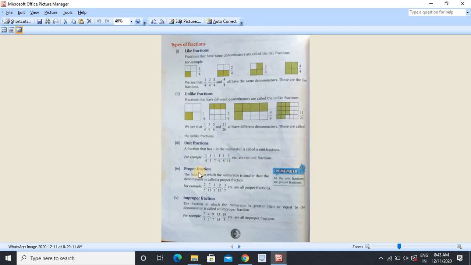Okay. Now come to proper fraction. The fraction in which the numerator is smaller than the denominator is called a proper fraction. As you can see here, 2 by 5, 7 by 11, 1 by 8, 9 by 15, 3 by 7. Okay?